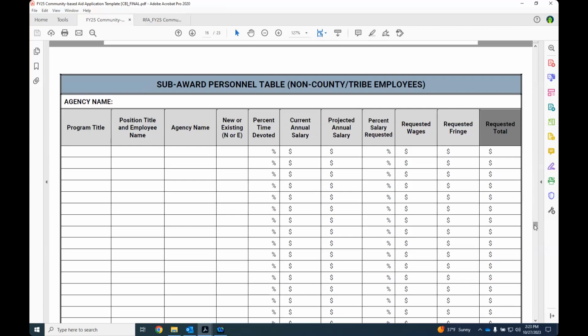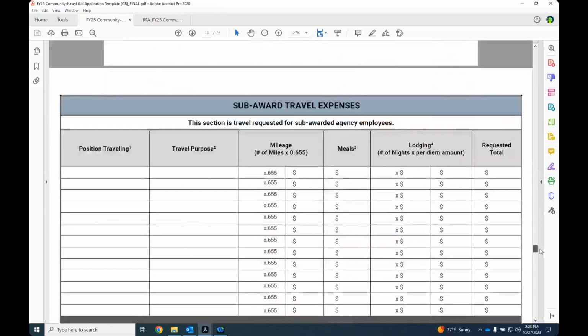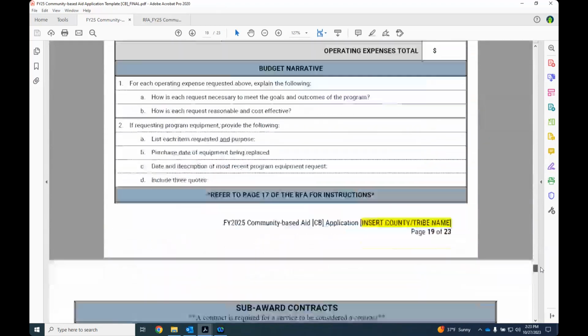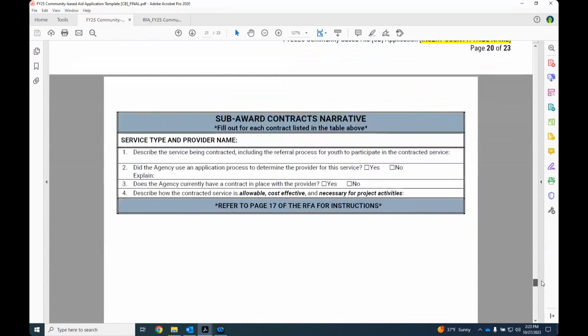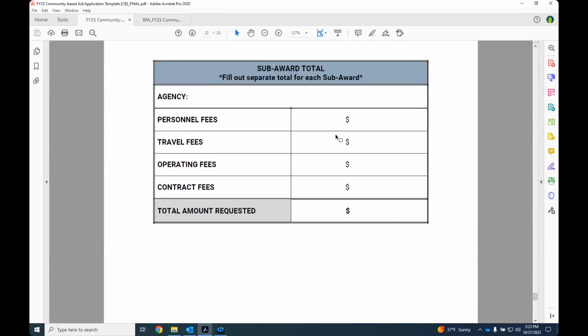So if you're subawarding to your county's public school, it needs to say such and such county public school system or school, whichever, and then have all the positions for that program. At the end of each subaward, there will be a subaward total.